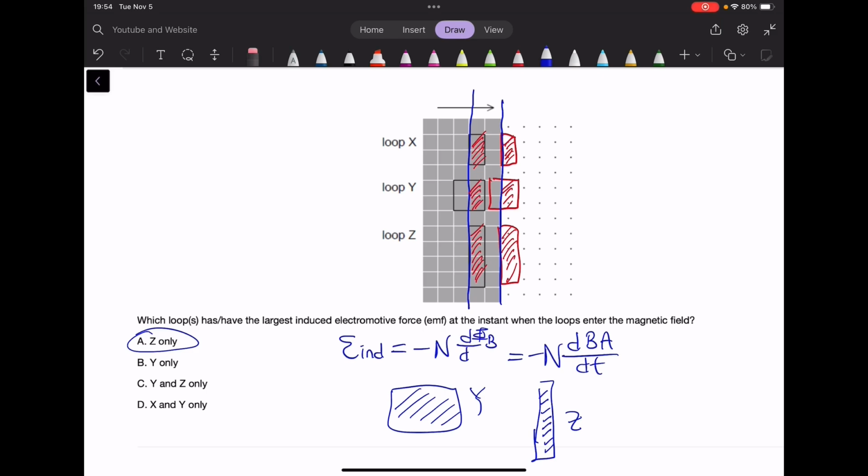But at time when they are completely exposed to the magnetic field, loop Z and loop Y will have the same area exposed to magnetic field, and they might have same induced voltage. But for this problem, we are considering the area when each loop is first exposed to magnetic field.